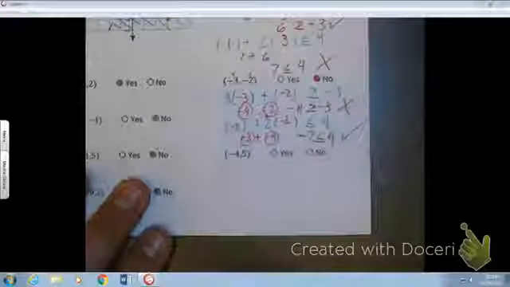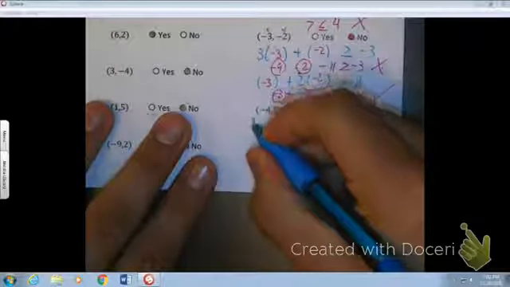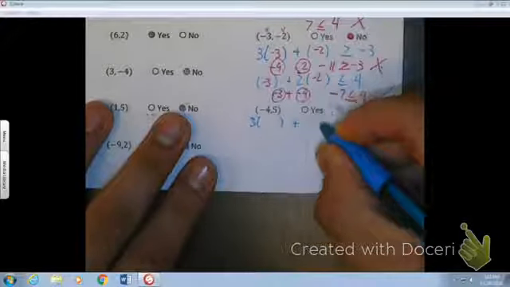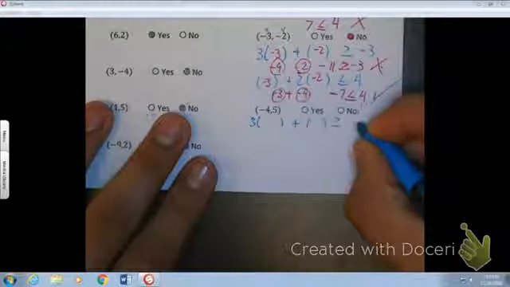And let's do the last one. We have 3 times x plus y is greater than or equal to negative 3.